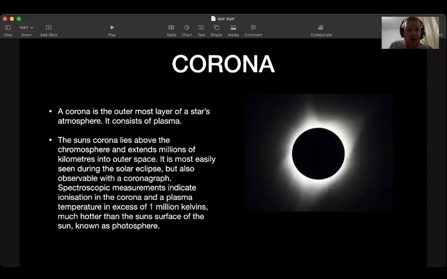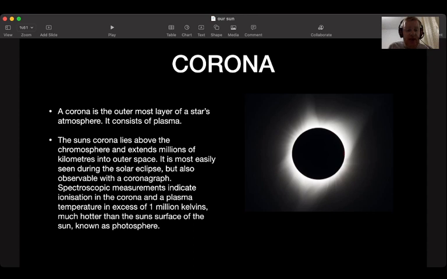The corona is the outermost layer of a star's atmosphere. It consists of plasma. The sun's corona lies above the chromosphere and extends millions of kilometers into outer space. It is most easily seen during a solar eclipse, but is also observable with a coronagraph.